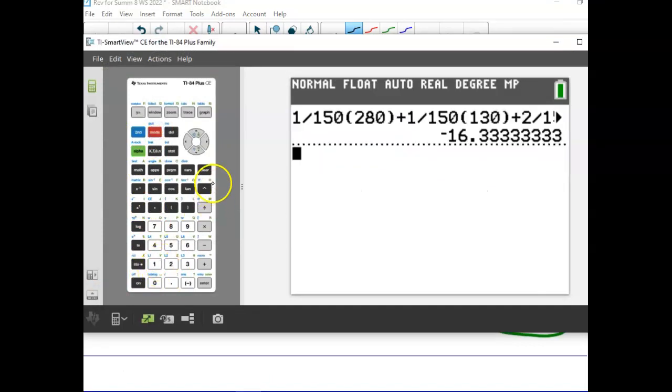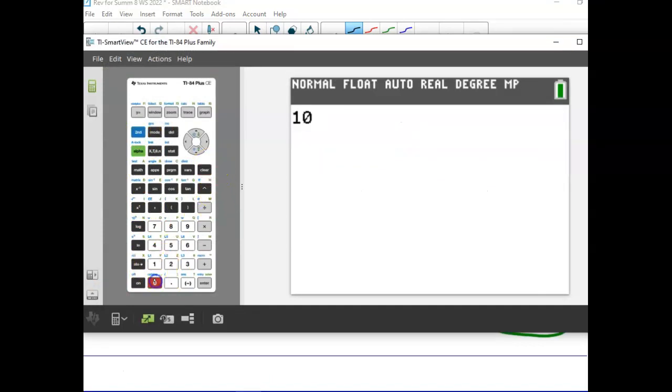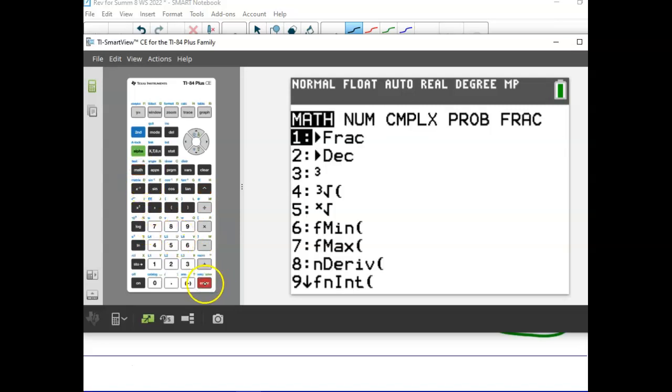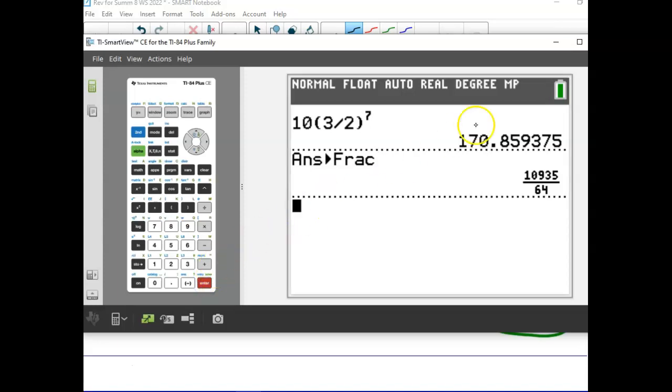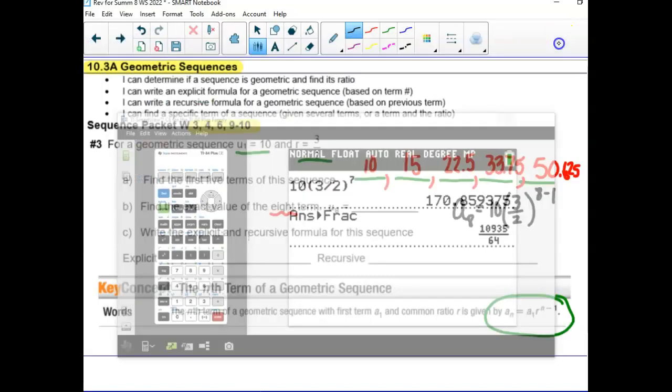So 10 times 3/2 to the 8 minus 1 is 7. Math, enter. Anybody get that lovely number? 10,935 over 64.